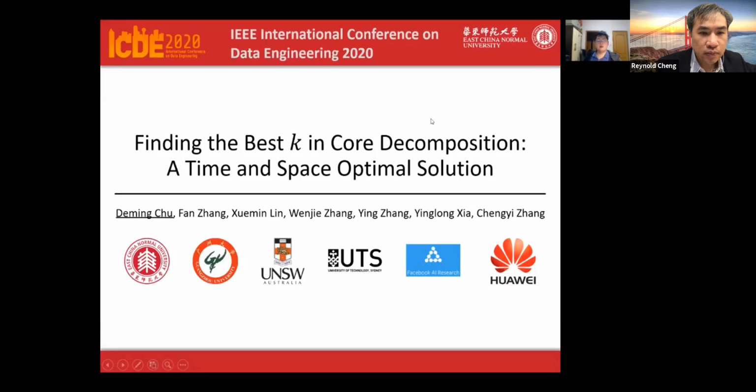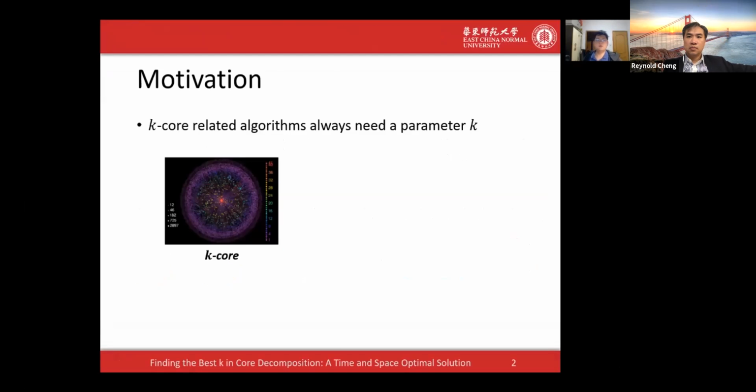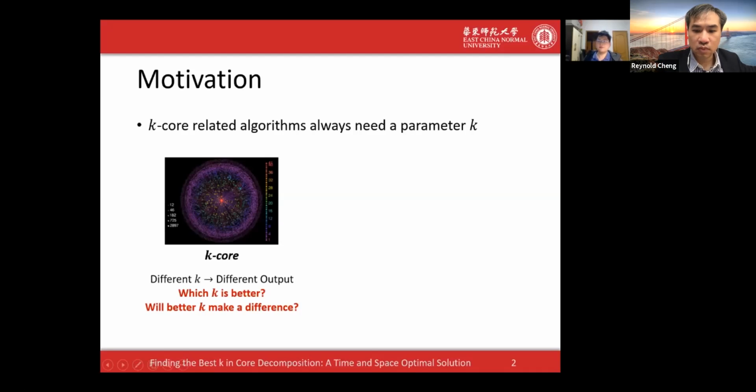Hello, everyone. In this work, we studied how to find the best K in core decomposition. K-core is a famous cohesive subgraph model, and K-core related algorithms always need a parameter K. It's natural that different K will lead to different output, and the question here is, which K is better, and will better K make a difference?